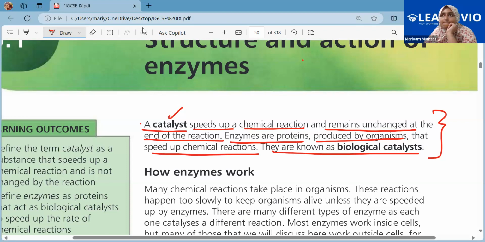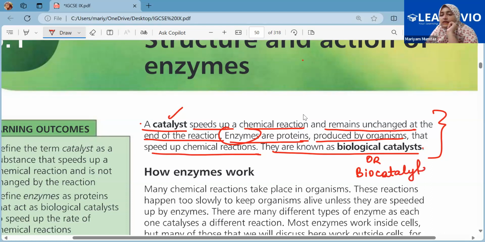Anyway, even if you don't remember me saying this, I'm saying it now. The enzymes are proteins that are produced by organisms and they speed up the chemical reaction, and they are known as biological catalysts. So the other name for enzyme is biocatalyst or biological catalyst.